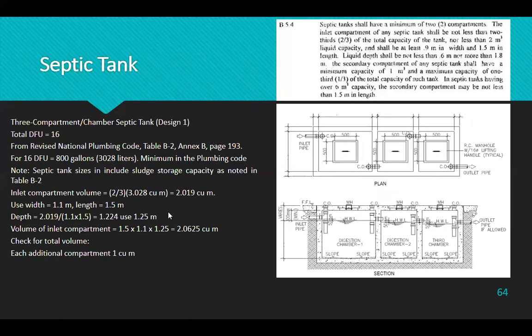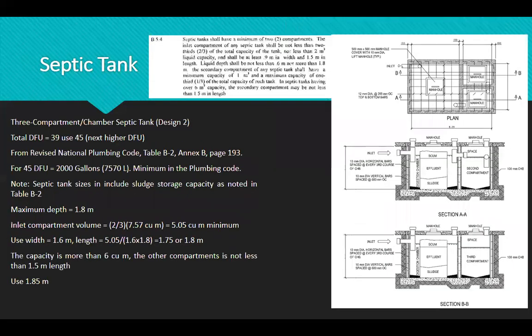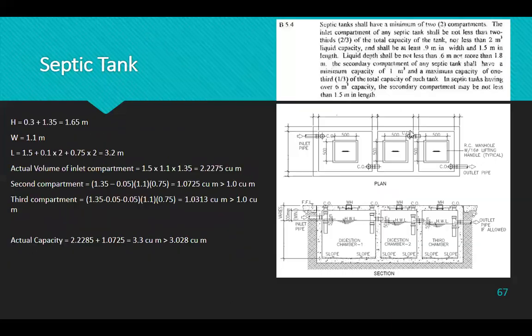Now for the 3 compartment chamber septic tank, design 1. Design 1, ito yung horizontal. Ito naman yung box type. Kasi meron tayong minimum na for over 6 cubic meter capacity, secondary compartment may not be less than 1.5 meters. So mahaba yon. So pag nag-compartment ka, magiging 1.5 saka 1.5.